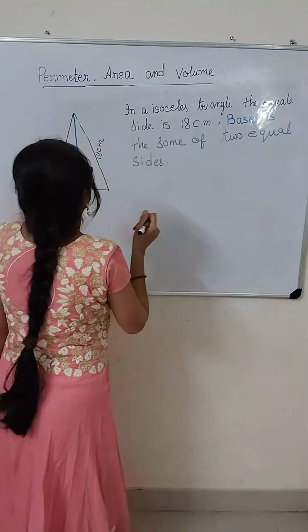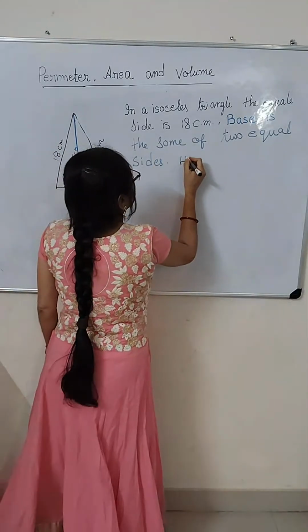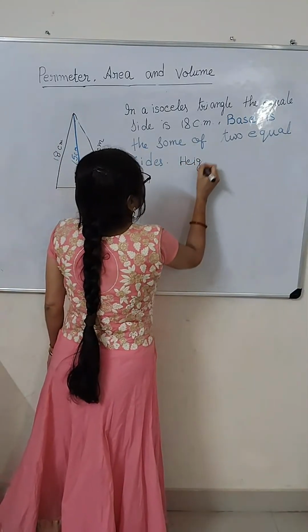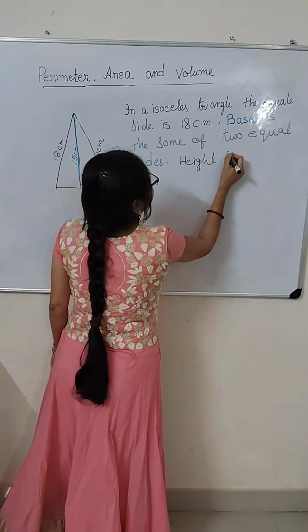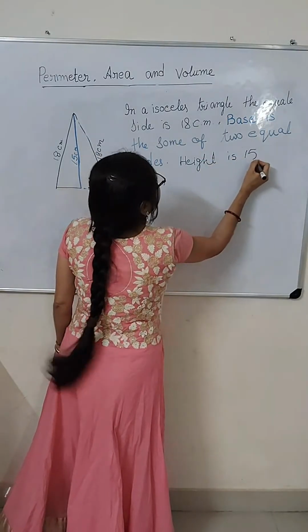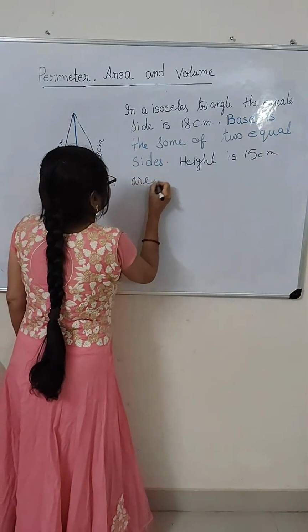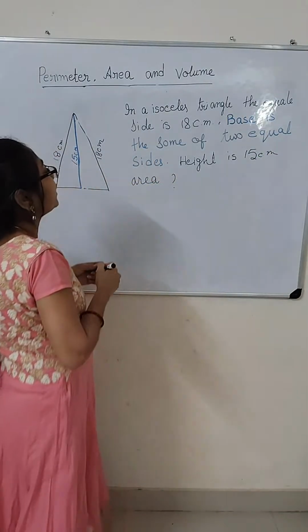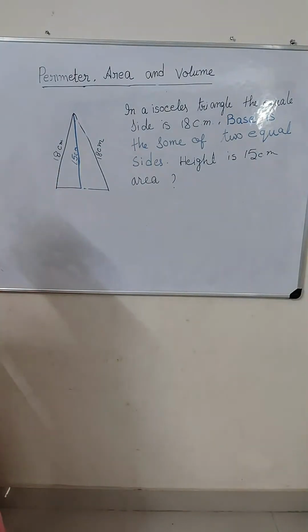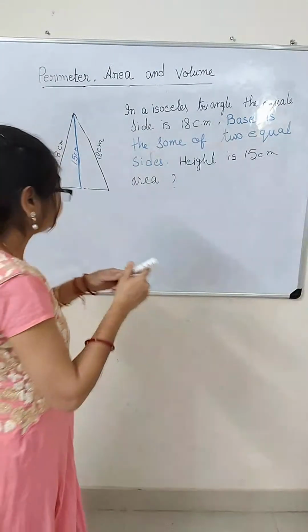Two equal sides. Height is 15 centimeter. Area. Okay. First I write what I know.